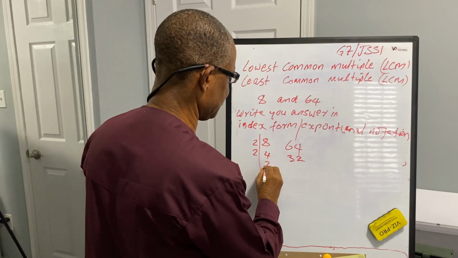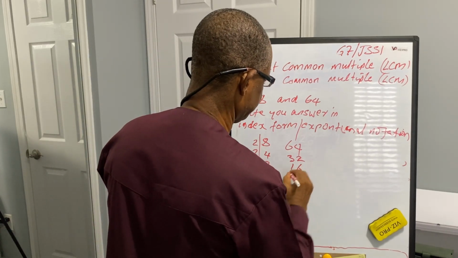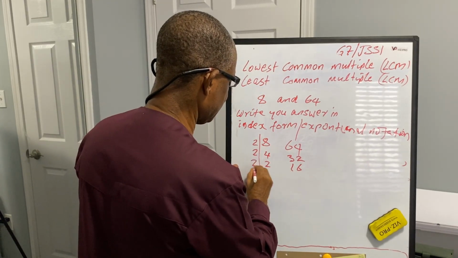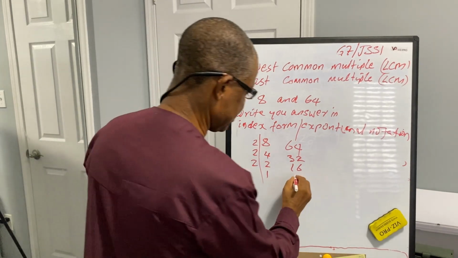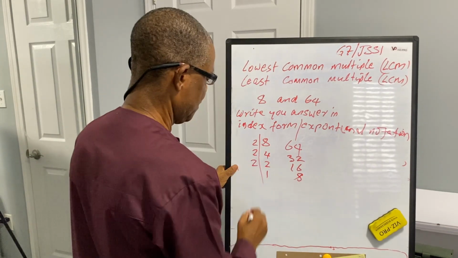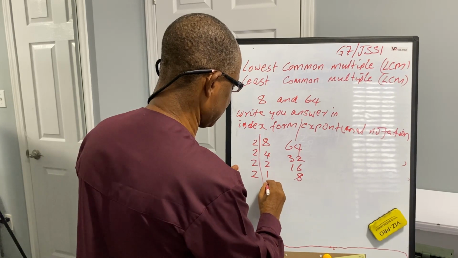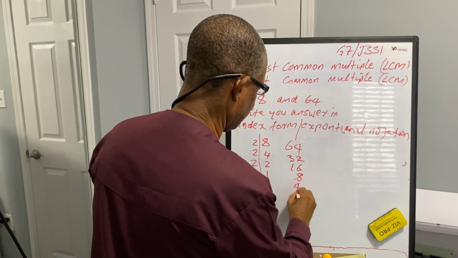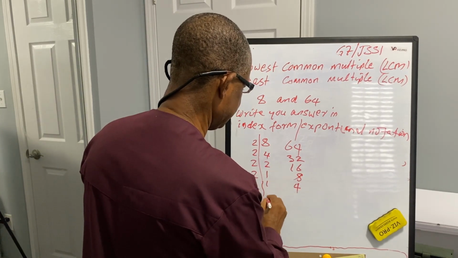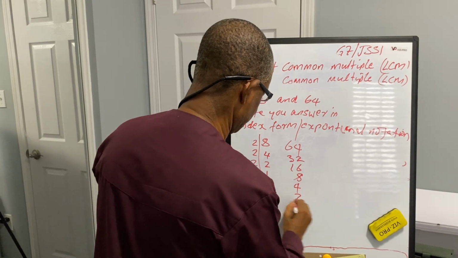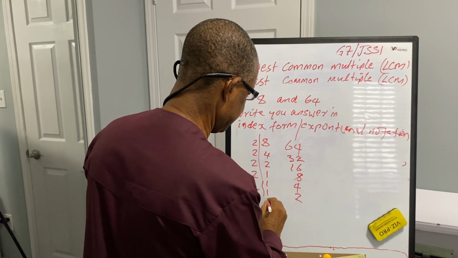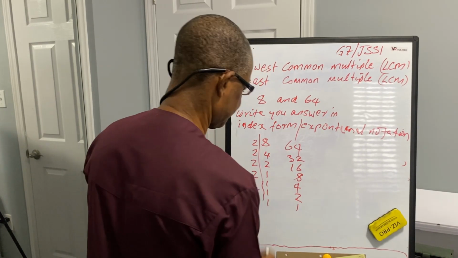This will now be 2 and this will be 16. 2 will still go. This will be 1 and this will be 8. We can still go on with 2. This is already 1. This will be 4. 2 again, already 1. This will be 2. And 2 again, this is 1 and this is 1.